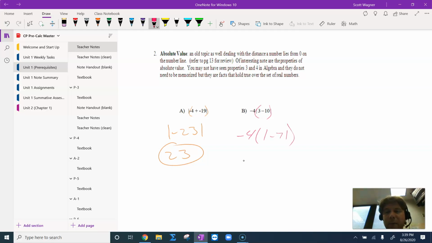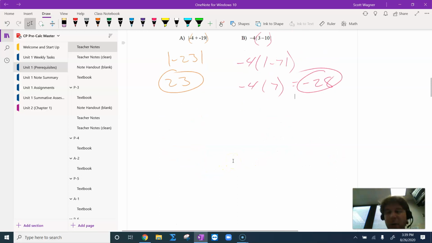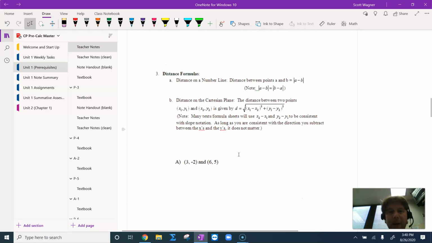What's the absolute value of -7? That's positive 7. So this is -4 times positive 7, which is -28. Make sure you're doing the stuff inside the grouping symbols first, inside the absolute value first. And don't ever distribute inside of absolute value. Not happening.